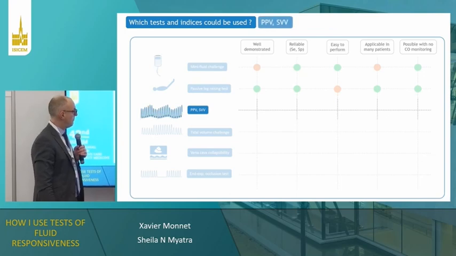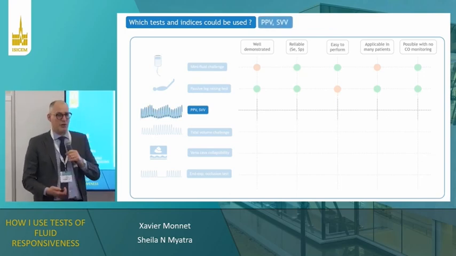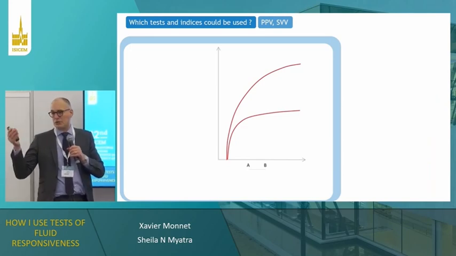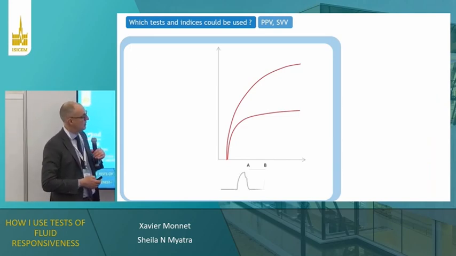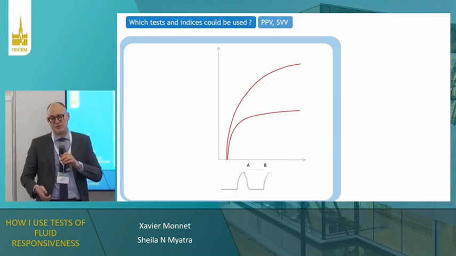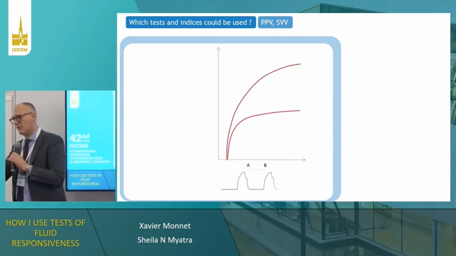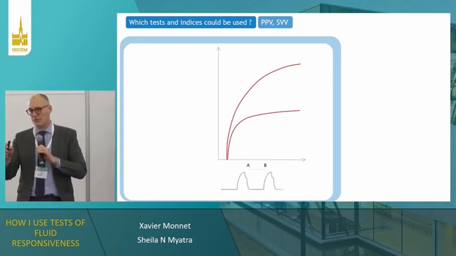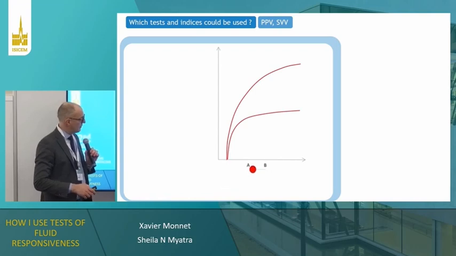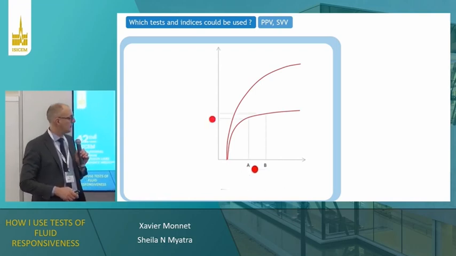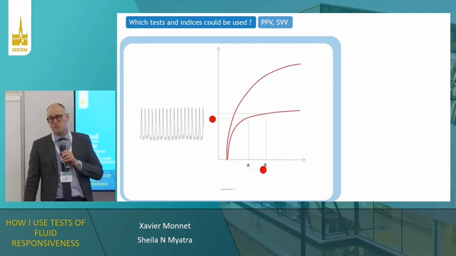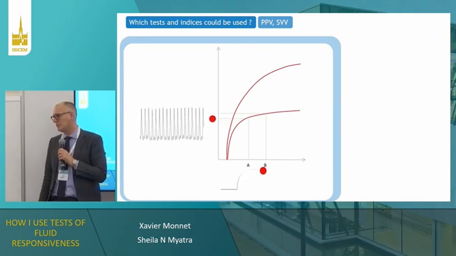Just a few words on pulse pressure variation and stroke volume variation. You know the principle of PPV, right? It's what we said. In fact, during tidal ventilation, preload changes cyclically. So if the patient is very stably ventilated, each change in the intrathoracic pressure will change preload. Then it's just assessing the effects of this change in preload on pulse pressure.